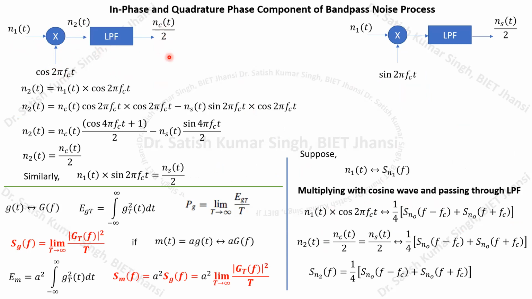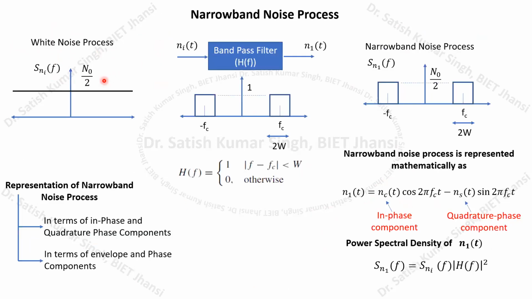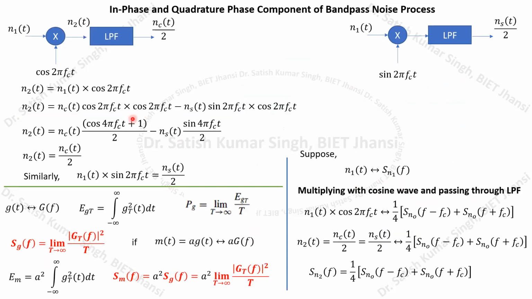Because our n1(t) is given by this particular expression, I'm just multiplying it with cos 2πfct to get this nc(t) value. This signal will be denoted as n2(t). If you do this calculation, it is very simple and straightforward, please try to do this.